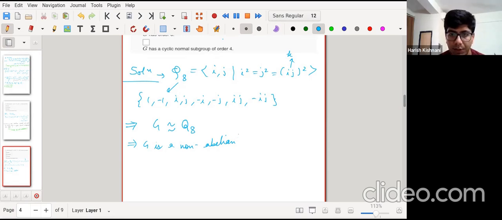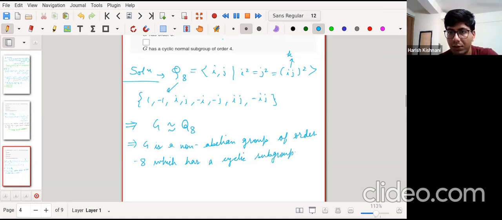Okay, so G is a non-abelian group of order 8, which has a cyclic subgroup of order 4.